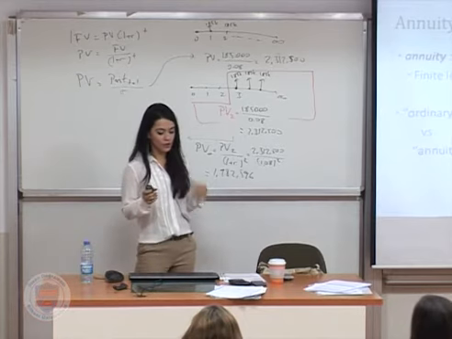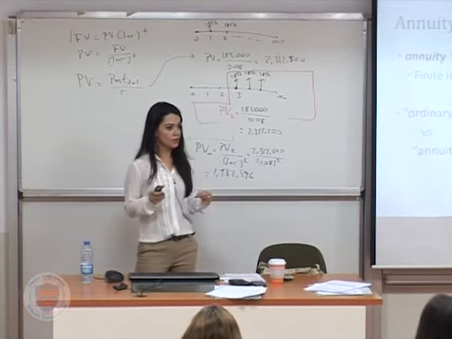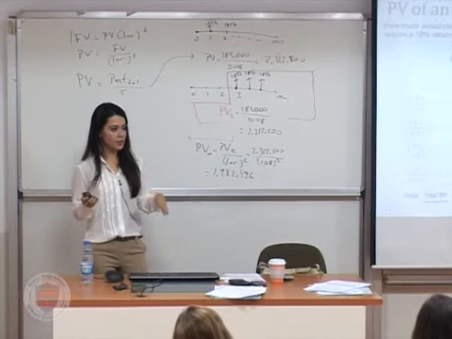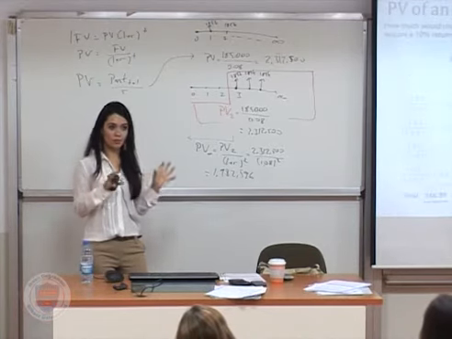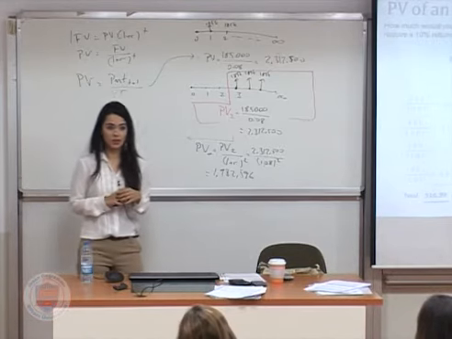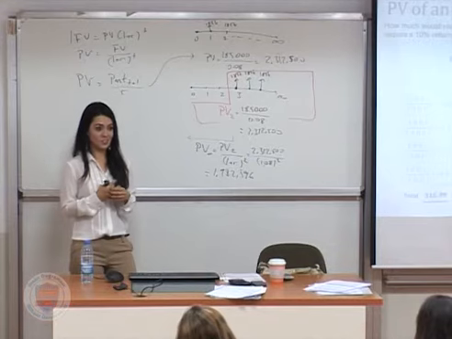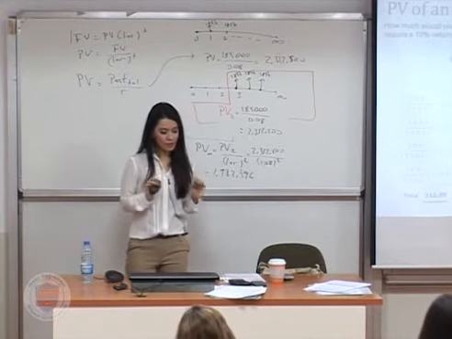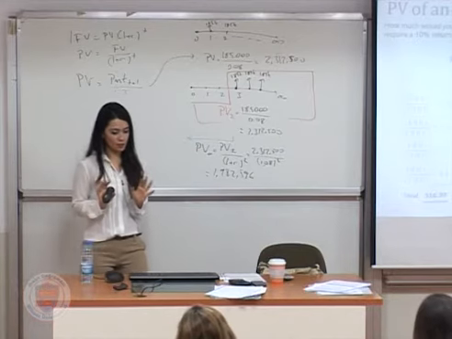And there's a difference between ordinary annuity and annuity due, and we will cover it in a second. Let's start with basics. Okay, this is an important topic. Annuities are really, really important. So just try to wake up. I'm going to go step by step. And if you don't understand something, let me know.